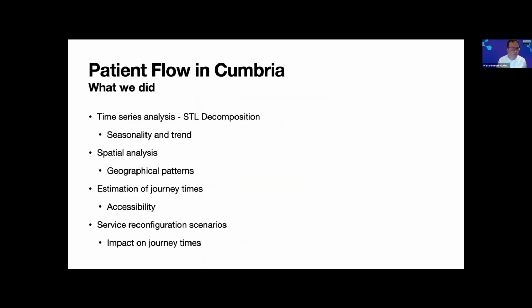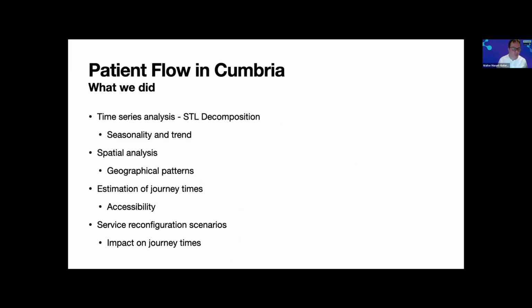More precisely, what we did is use that data to look at time series analysis, to look at how seasonality and trend, so basically how it changes during the year and what is the overall trend that we're looking in terms of service utilization. We also wanted to see the geographical patterns with the spatial analysis, so how they are distributed across the area.